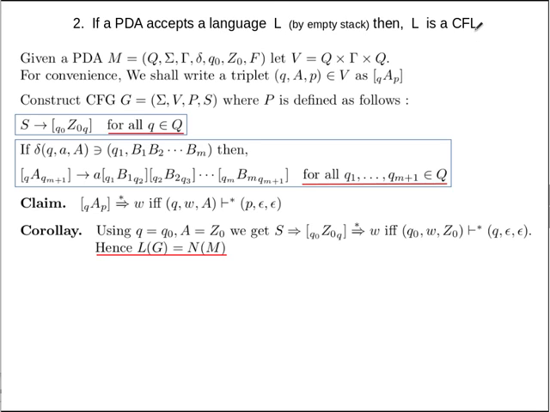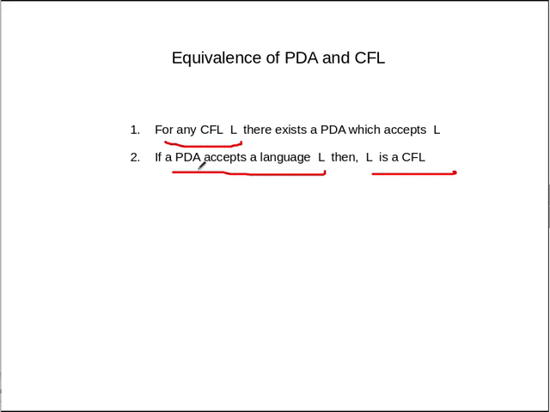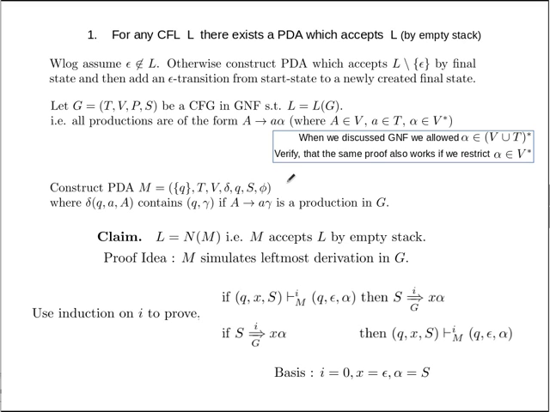This is the thing we will prove, but this is the same as saying that the PDA accepts it by final state, because that is what we just proved, right? So next, let's move to the next theorem.